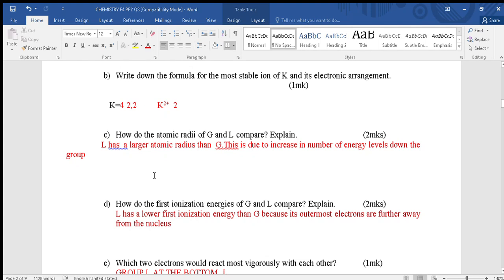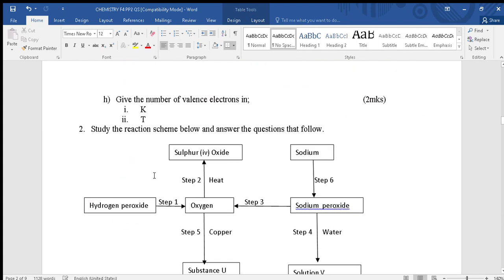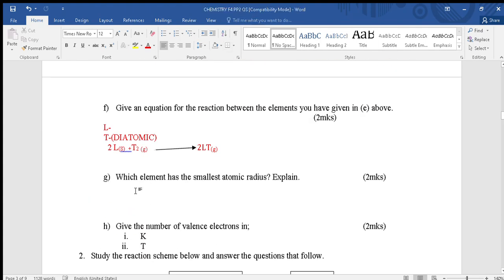So it automatically becomes the element with the smallest atomic radius. So your answer there will be element K. And your reason is it has the smallest number of protons.